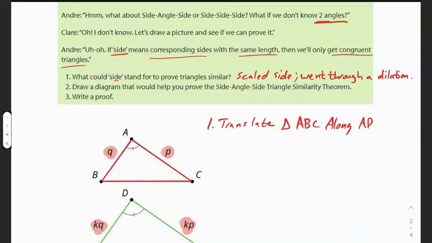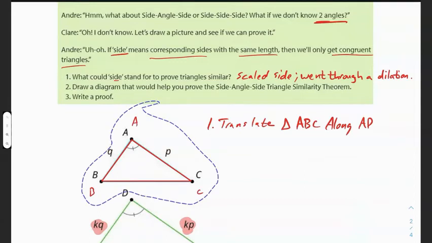Okay, so what is that going to look like? Let me label the sides real quick. This is A, and this is B, that's C, wunderbar. So the translation would look like this.